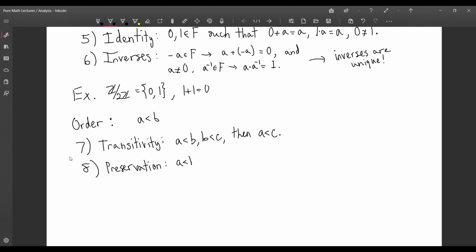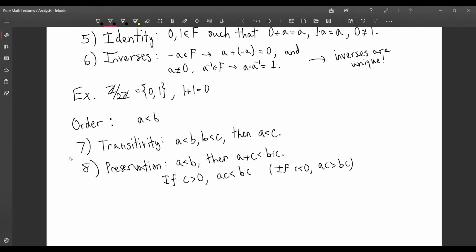If A is less than B, then A plus C is less than B plus C. And if C is greater than 0, then AC is less than BC. But if C is less than 0, then you would reverse the order. Right? And that's something we're familiar with, but you should also prove that.